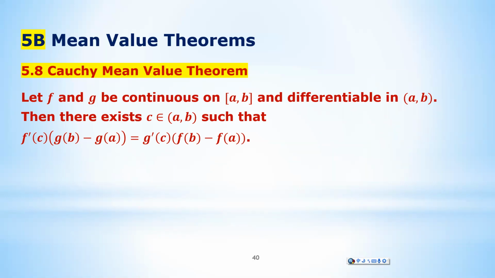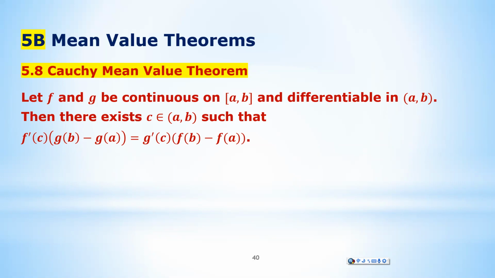This is precisely the result from the previous theorem. So this is actually an extension of the previous mean value theorem that involves two functions. Okay, so that's one thing I want to say first.